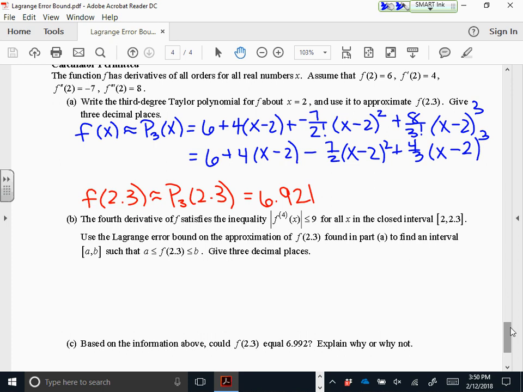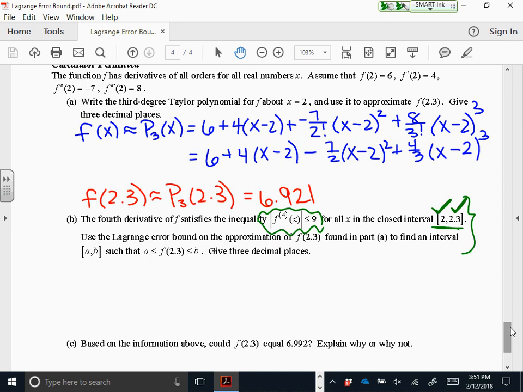Now, and this is nice, I like this example because it's really explaining to you what it means to find that max derivative on the interval, and it really lays out the interval for you. We wrote our polynomial at 2. We approximated it at 2.3. That is the interval we're worried about. The max derivative on that interval is 9.